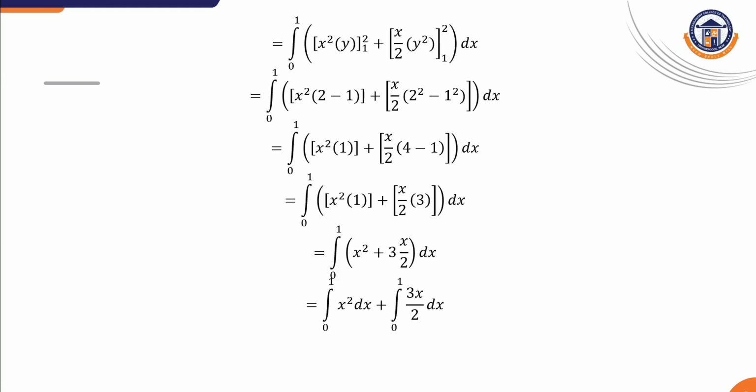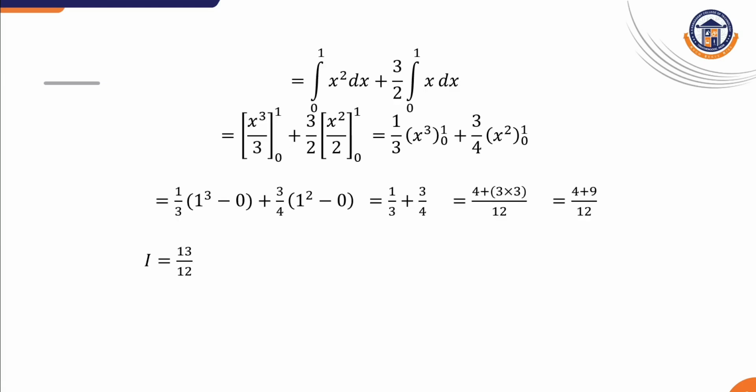Again we have two terms of integration. The first, the integral 0 to 1 of x² dx, plus the integral of 3x/2 dx. Integrating x² gives x³/3, limit 0 to 1, and removing the constant 3/2, the integral of x is x²/2, so we get 3/4 into x², limit 0 to 1.